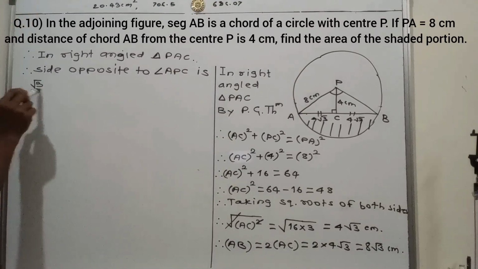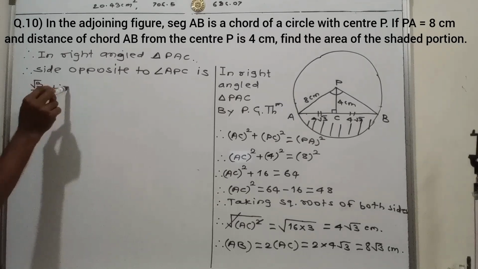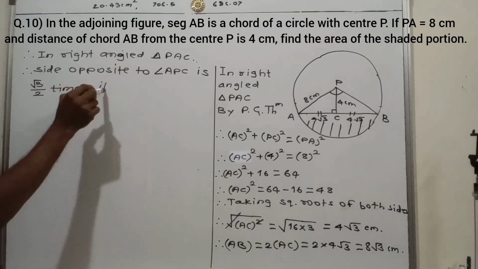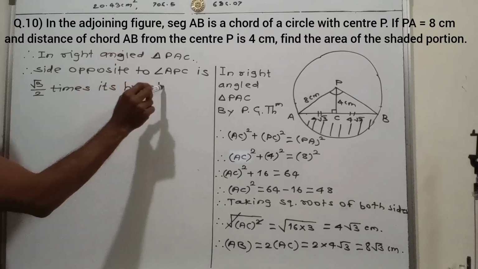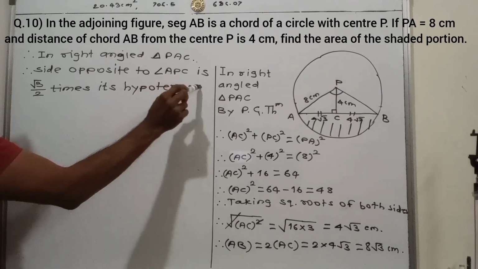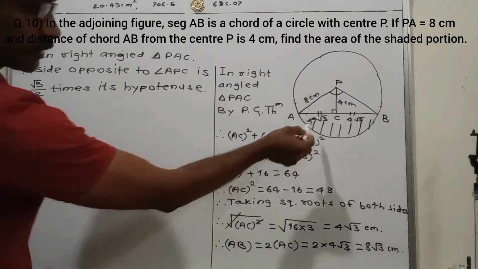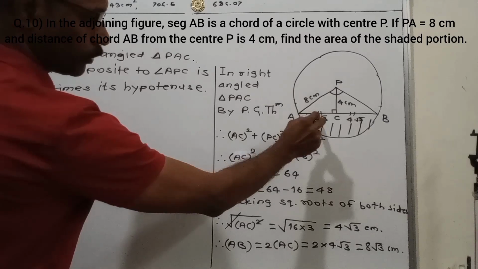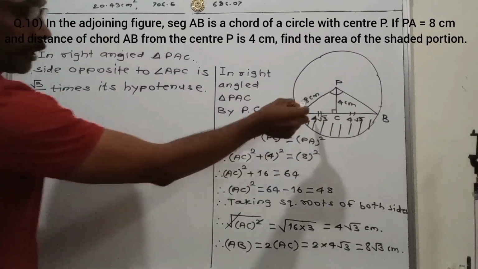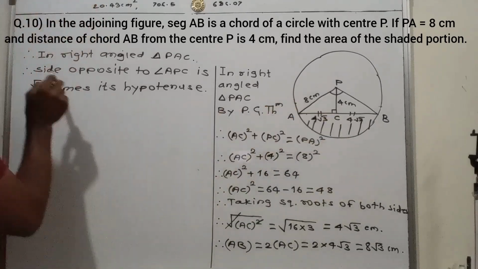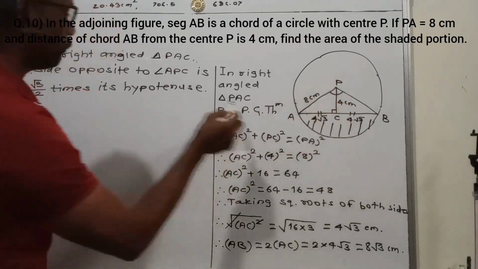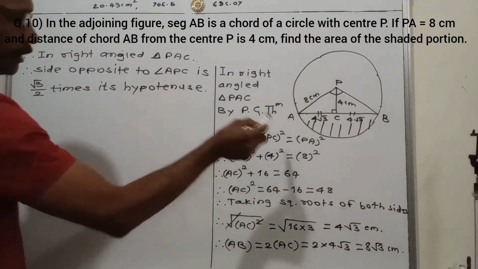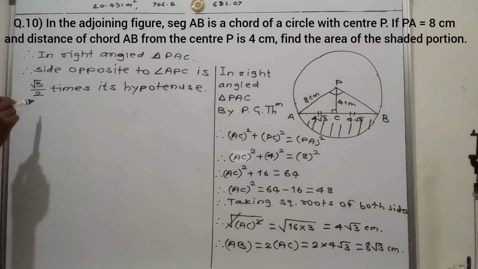square root of 3 upon 2 times its hypotenuse. See this. This side, 4 square root of 3, the side opposite to angle APC is square root of 3 upon 2 times its hypotenuse.